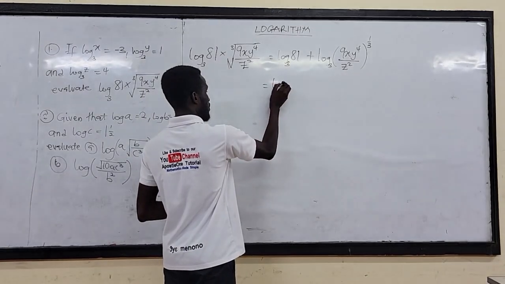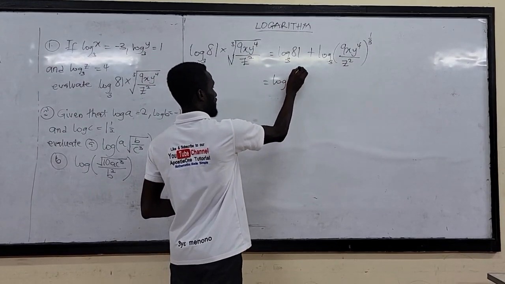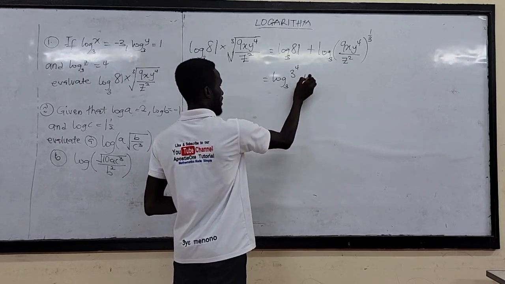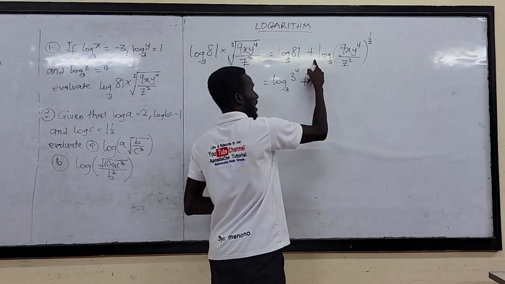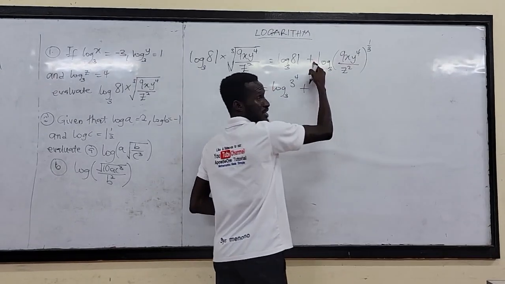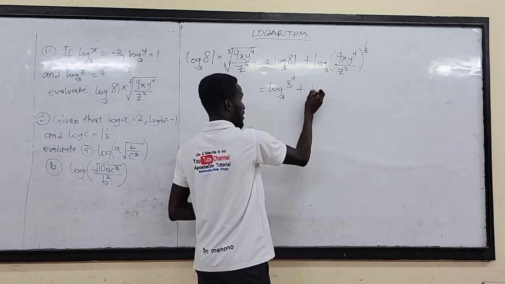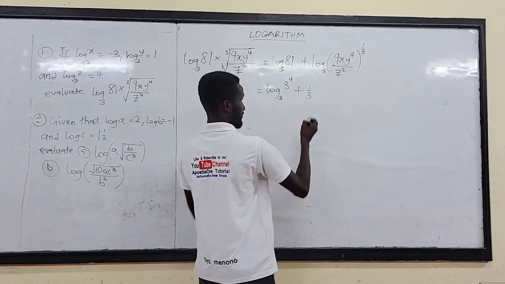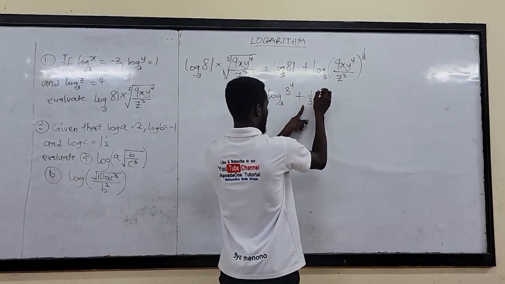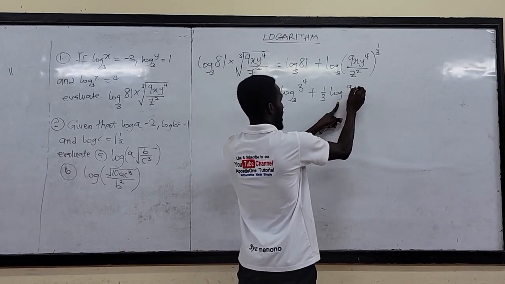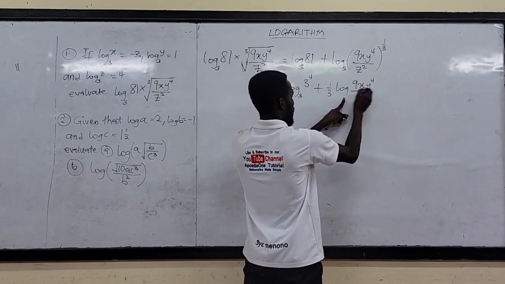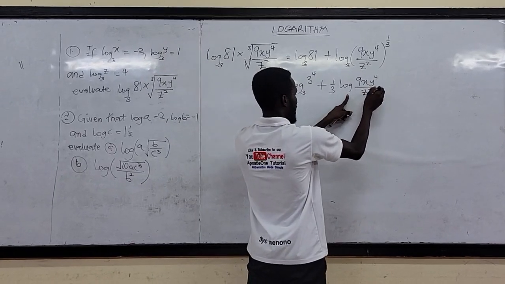So this is the same as log 3 exponent 4 having a base of 3, plus the exponent 1 out of 3 brought to the front of the logarithm, then log of 9xy exponent 4 divided by z squared.